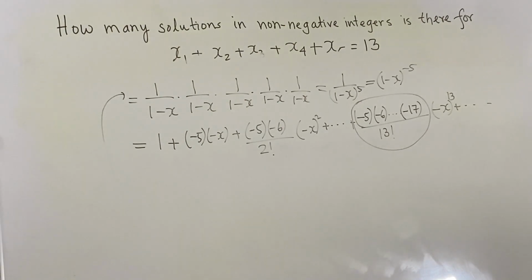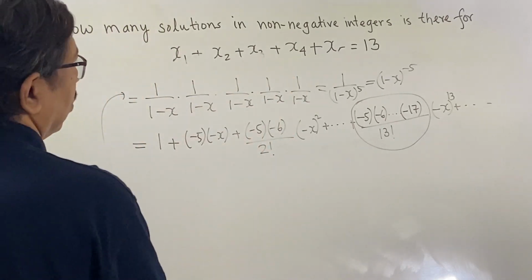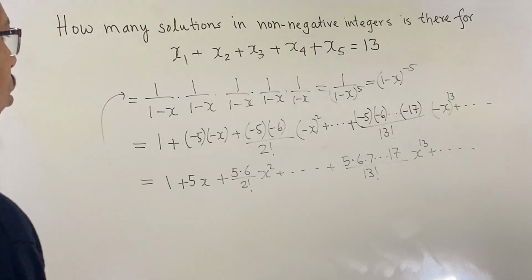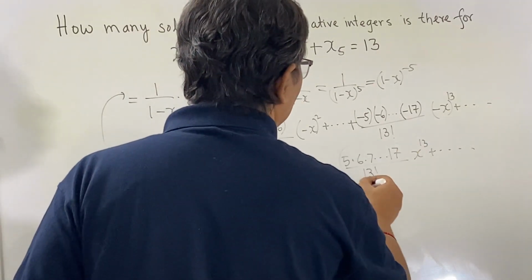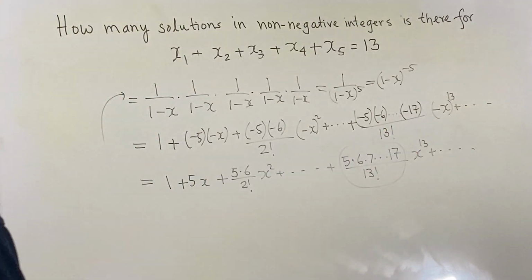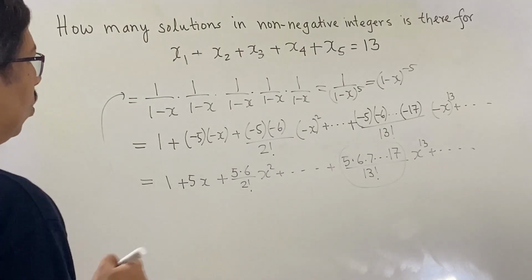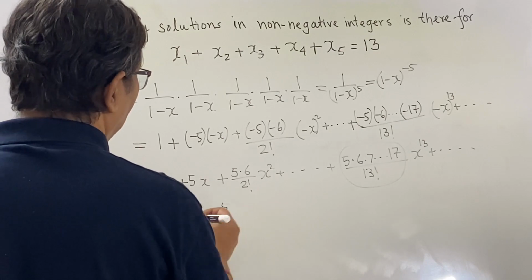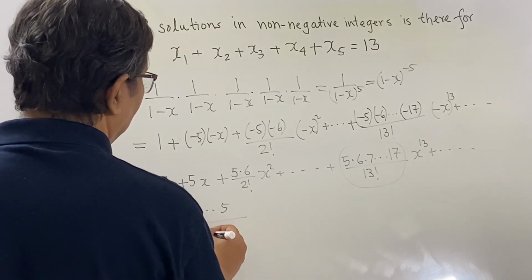So, that is the number of non-negative integer solutions of this equation. We can simplify this to write the coefficient of x to the power 13, this term is what we are interested in. So, the answer to this is 17 into 16, etc. up to 5 divided by 13 factorial.